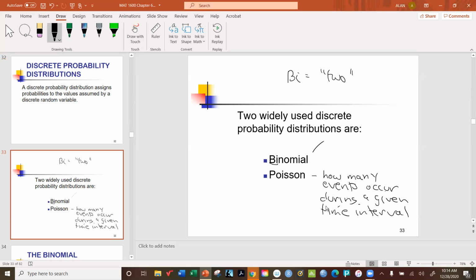Whereas binomial could be used to describe, just as an example, how many heads turn up during a given number of coin flips.